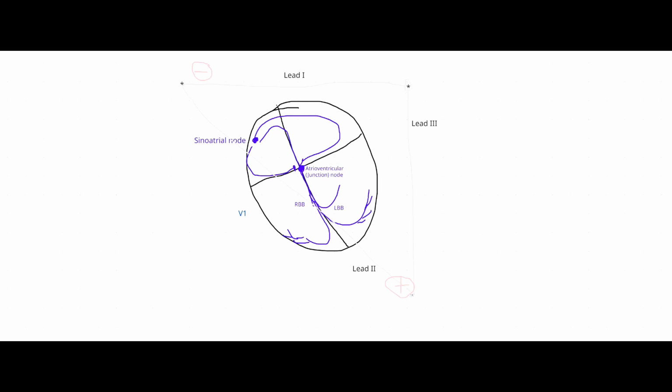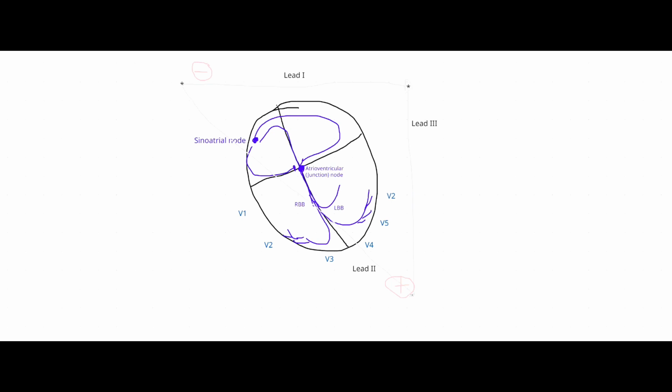So V1, V2 looks at the right ventricle, okay? V3 and V4 looks at the septum, but the V3 is more on the right, V4 is more on the left. Okay. V5 and V6 looks at the left ventricle. Okay, so that's more here, V5 and V6.